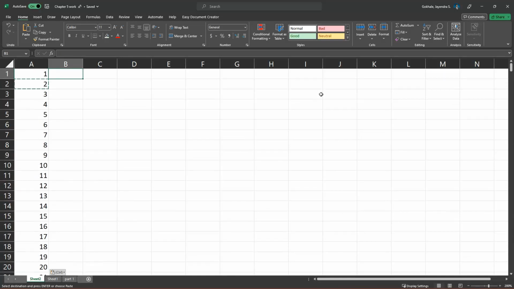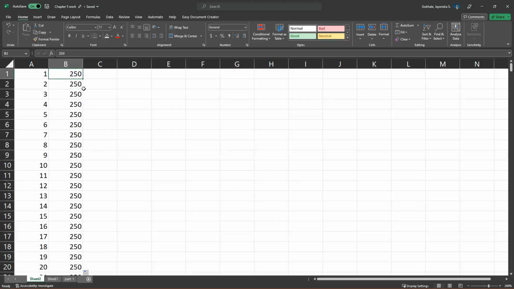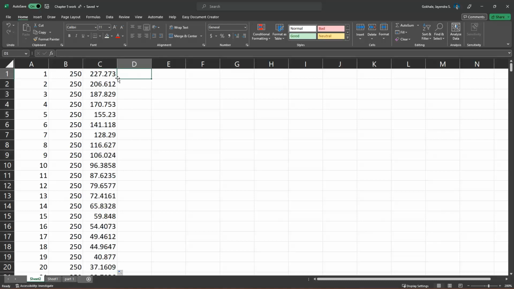And let's put $250 equals this, and then black cross, double click. So we entered all the values, find out the present value divided by 1.1 to the power. It's very straightforward. And then black cross, double click. And what I'm going to do now is just add these present values up together, equals C1 colon C 20,000.